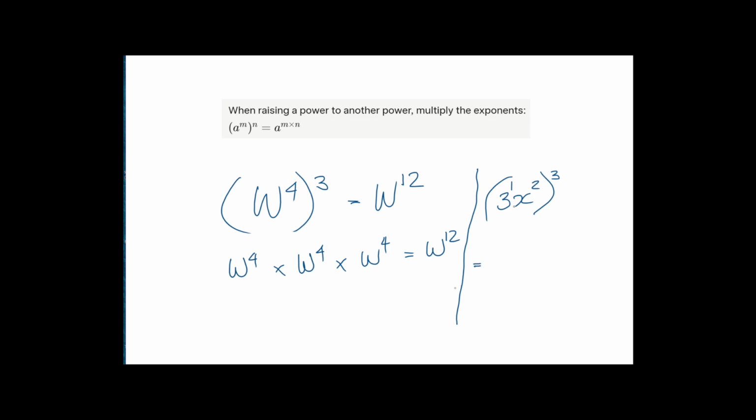Well, it's therefore going to be 3 to the power of 1 times 3, which is 3, x to the power of 2 times 3 is 6, and 3 times 3 times 3 is 27, x to the power of 6.